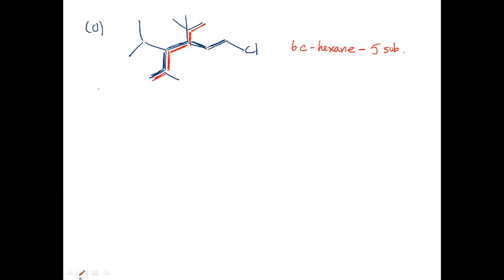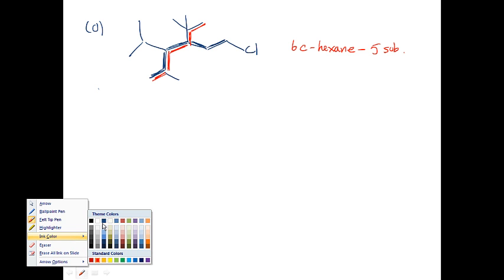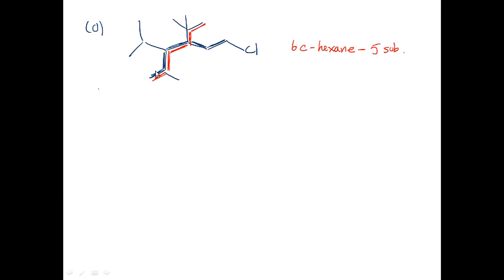The blue chain had 6 carbons as well, so it was a hexane. And in this case, the blue chain has 1, 2, 3, 4, 5 substituents. Oh, wait. What did I just do? Wait, what was I thinking? The blue, sorry.